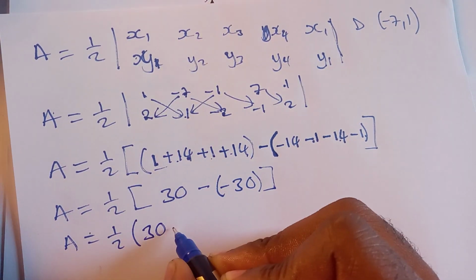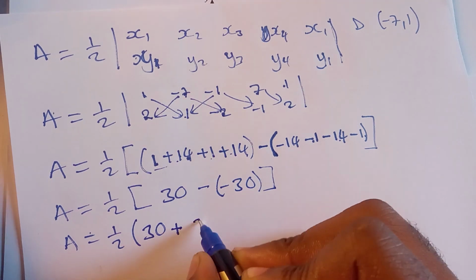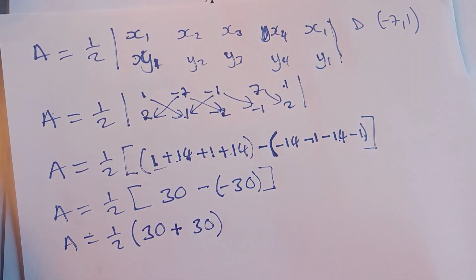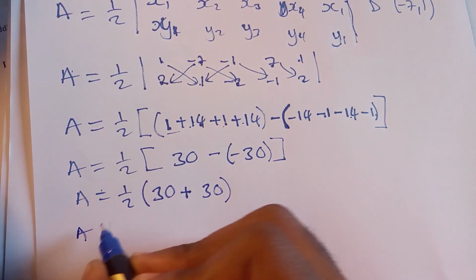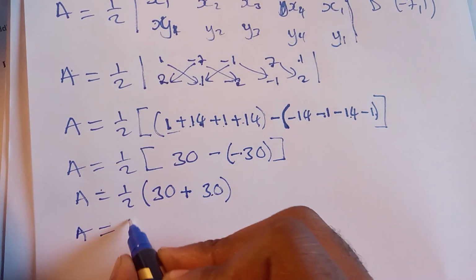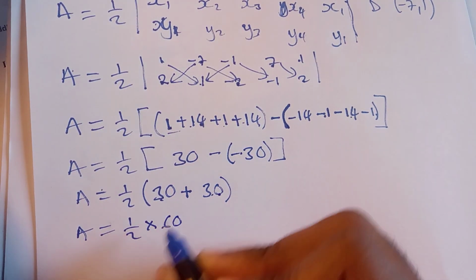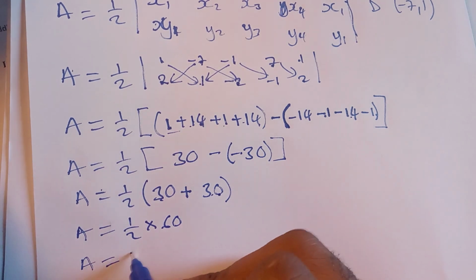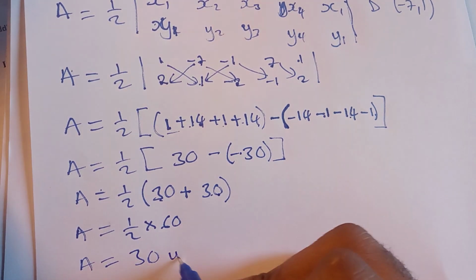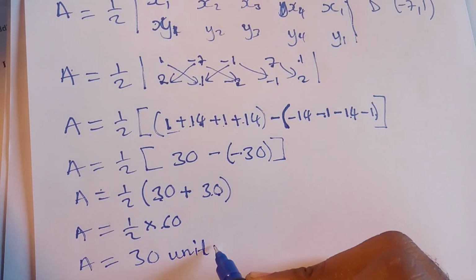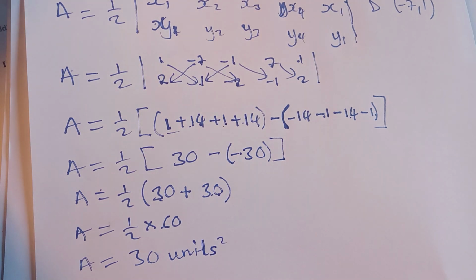That means you have to reverse the order or introduce the modulus sign. So negative and negative is 30. So 30 plus 30 is 60, and then half of 60 is 30. Do not forget the units. So you have square units like that.